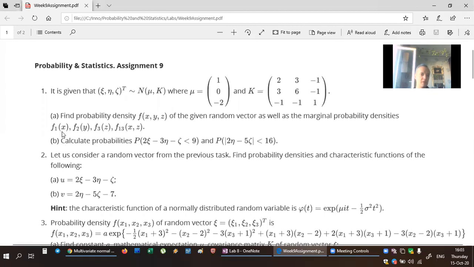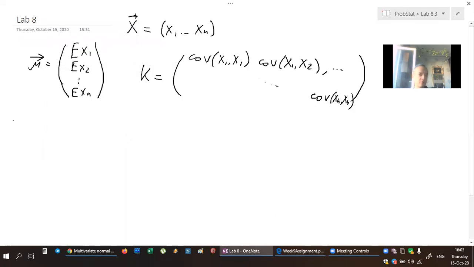So how to find the PDF for the first component? Let me introduce you to two approaches. They are very similar. The first one, which is slightly more complex, is the following.